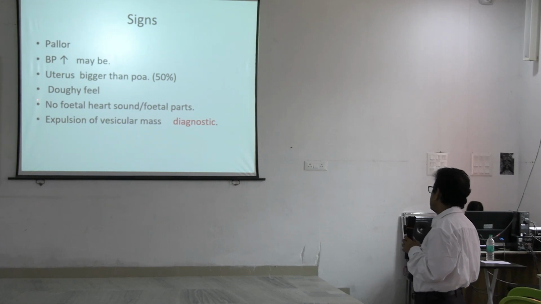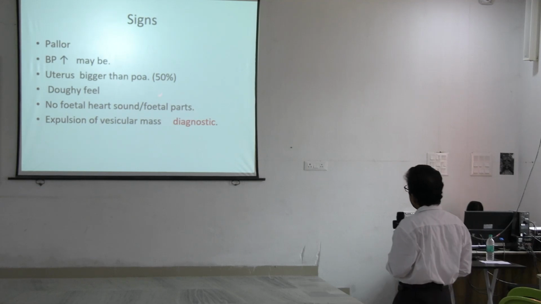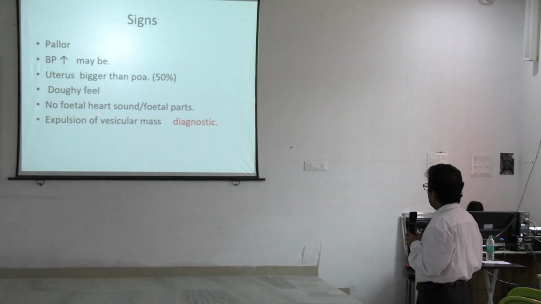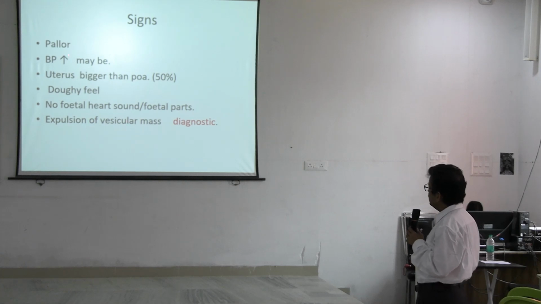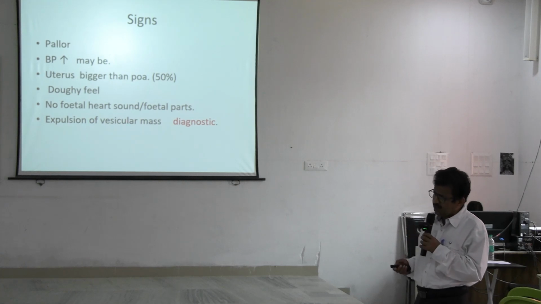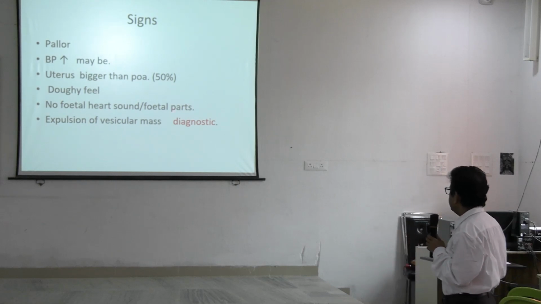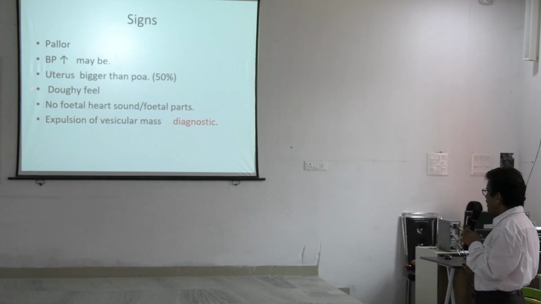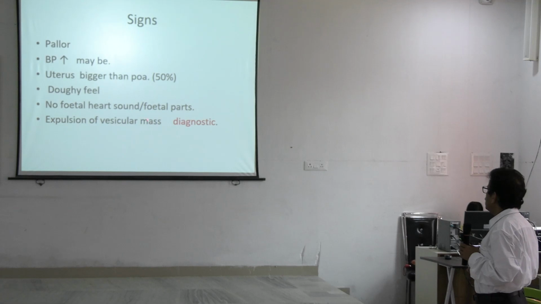In spite of that, you don't find any fetal heart sound or fetal parts, even by ultrasound. Expulsion of vesicular mass: by 10 or 12 weeks of pregnancy, if you find bleeding and pain, and on examination of the blood you find vesicular mass, that is diagnostic. Molar tissue in the process of expulsion is diagnostic of molar pregnancy.